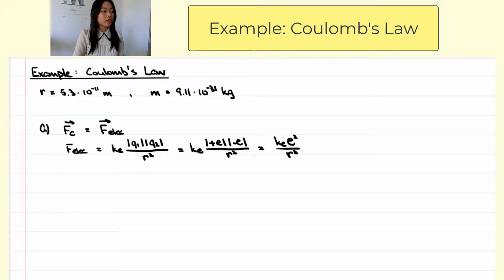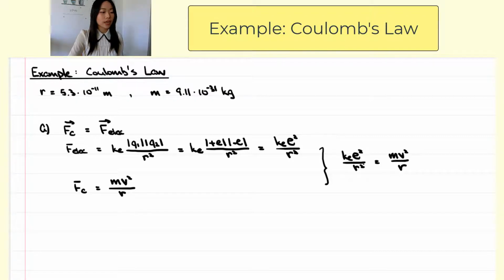How about the magnitude of the centripetal force? From your mechanics course, we know that it equals mass times speed squared divided by r. So when we equate these two, we get Coulomb's constant times e squared divided by r squared equals m v squared over r.